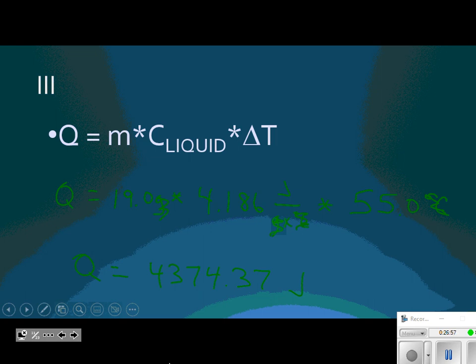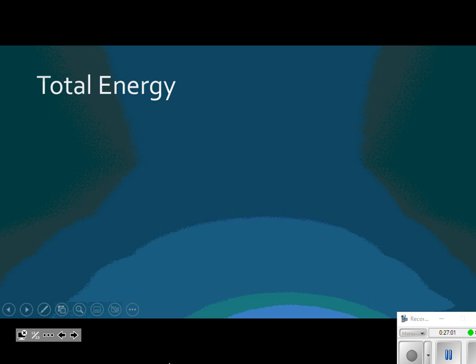Now what I need to do is go back and say, okay, my total energy. Well, there's area 1, there's area 2, there's area 3. Did I have a 4 and a 5? No, so those are nothing.